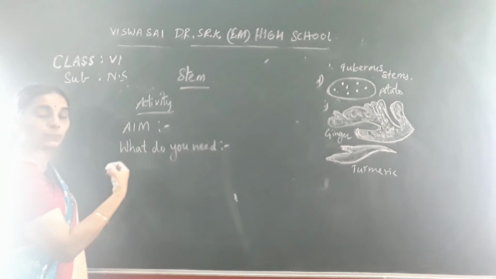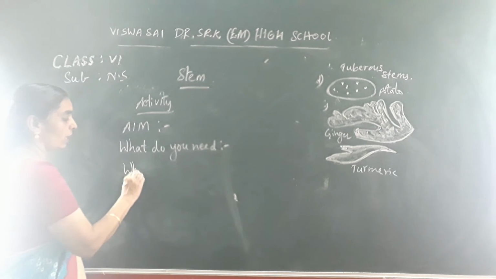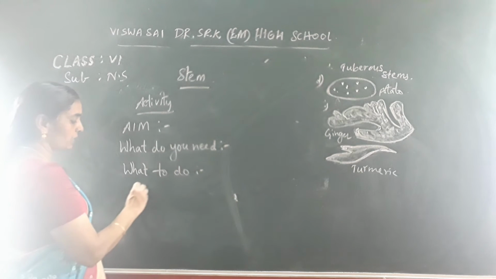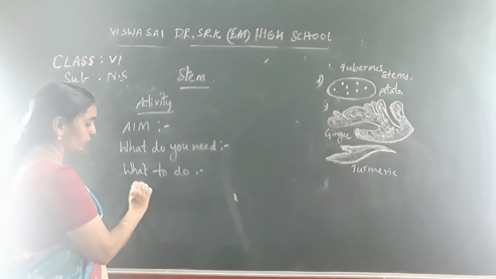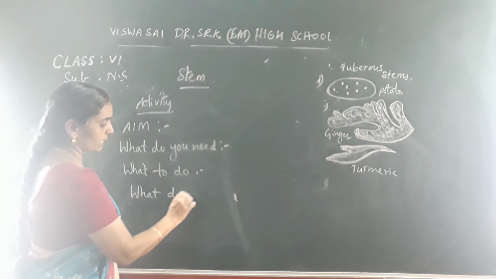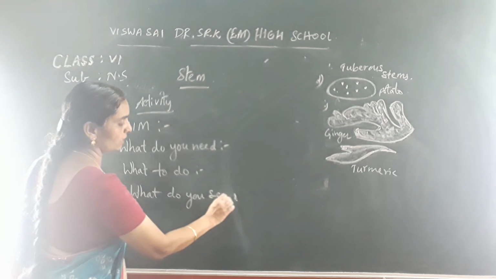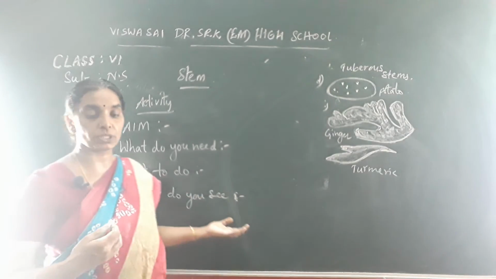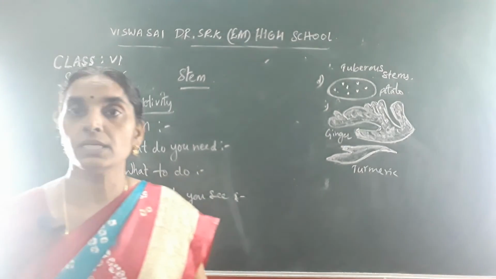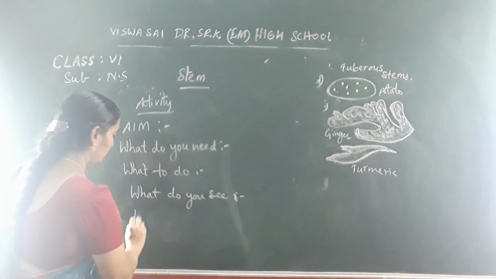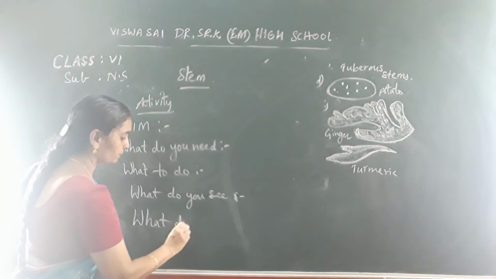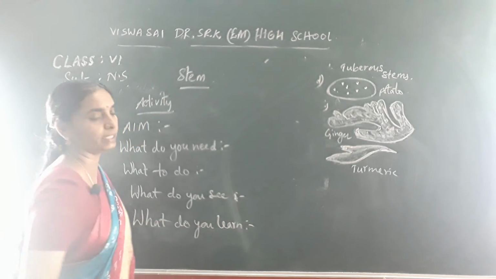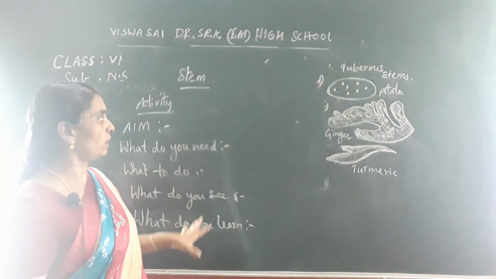Then you pose the question of what to do or how to do, that is the experiment. Then observation, that is, what did you see? Next, inference: what did you learn from this experiment or activity? You write it in 5 columns over here.